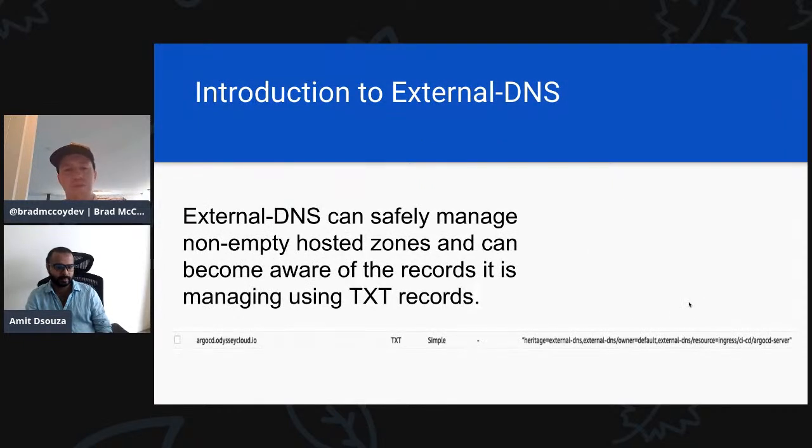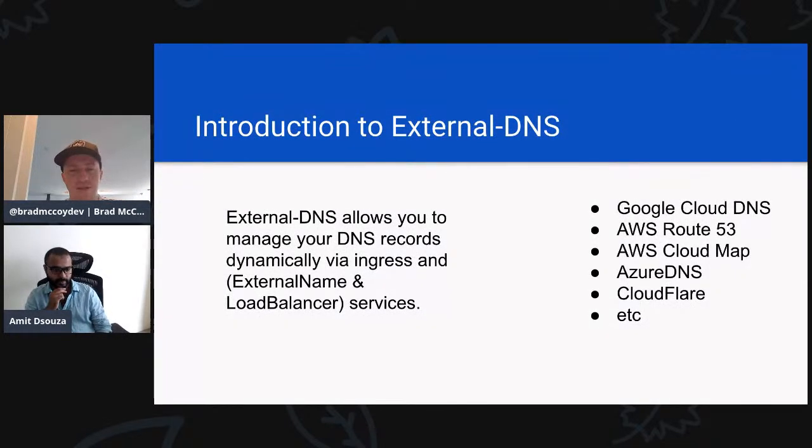And can you just go back quickly? I just wanted to point one thing out. Let's say that you have a GKE cluster in Google Cloud. You can actually still use AWS Route 53 if you want. Just because you're using one cloud like AWS or a cluster, you can use your external DNS from anywhere.